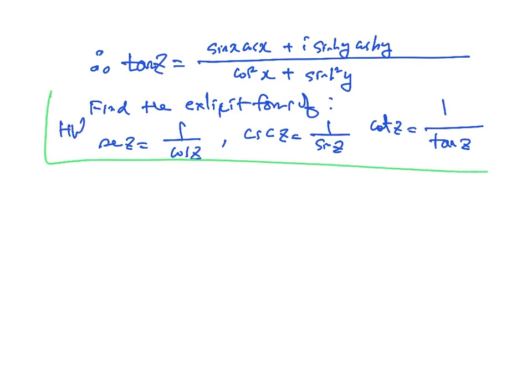It would be interesting to do this as homework. I would say secant z is 1 over cosine z, cosecant z is 1 over sine z, and cotangent z is 1 over tangent z. So you can do the same thing as what I have done in my class. So express this as a function of x and y.